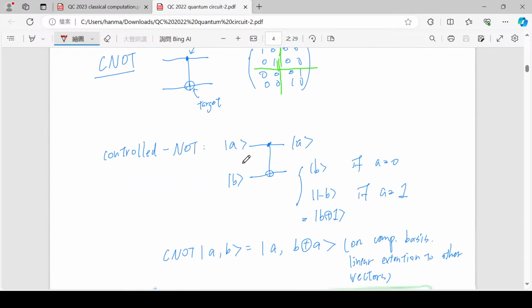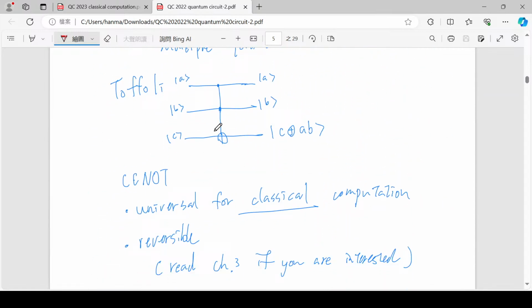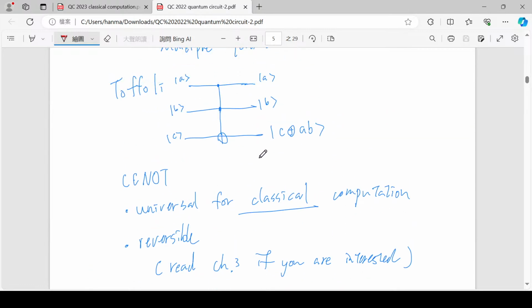But here we show that it's possible, because the Toffoli gate is a valid quantum gate, and so quantum computers are universal for classical computation too, because you can piece things together with the Toffoli gate.